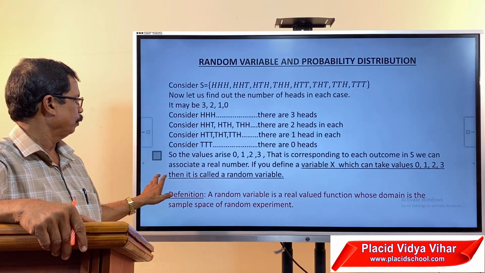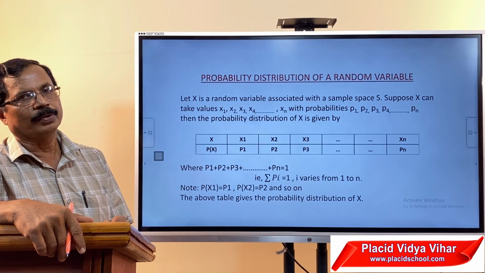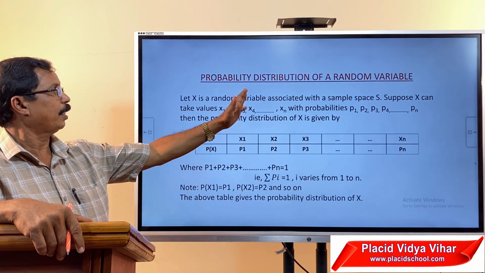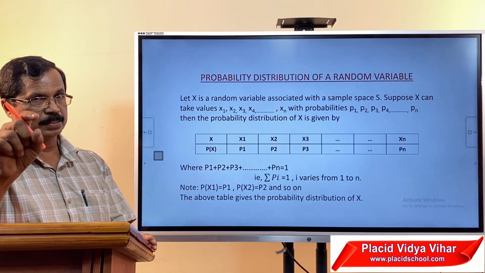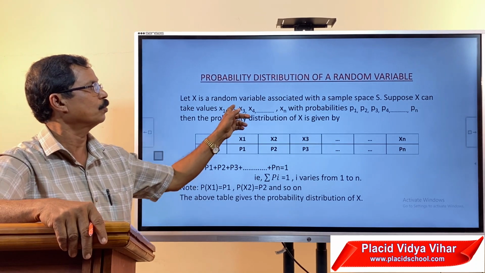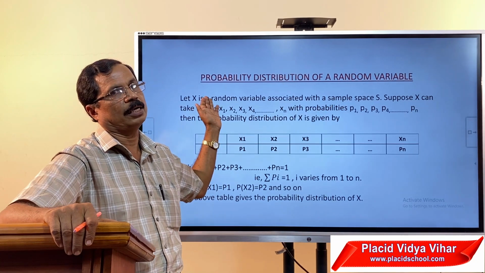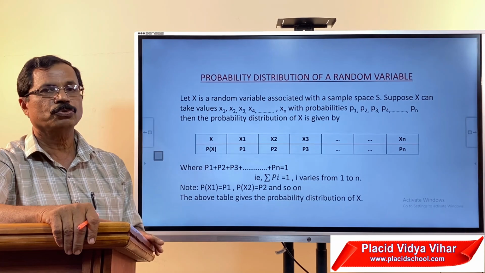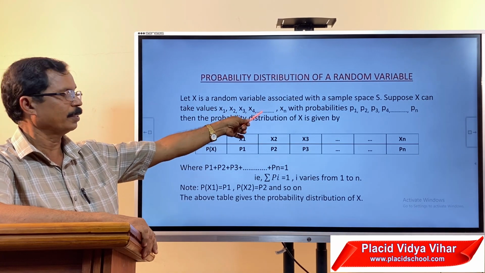It is very simple. Now, how to write the probability distribution of a random variable? That is what we are going to study here. Here also, x is a random variable. X is a random variable associated with a sample space. There is always a sample space and this random variable is associated with S. Suppose x can take values x1, x2, x3, x4, etc., xn.